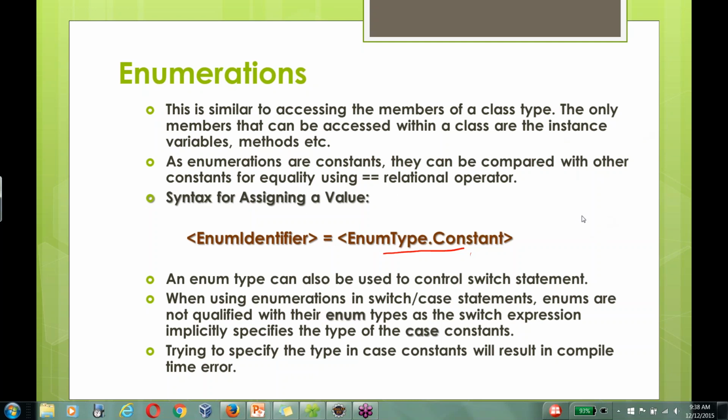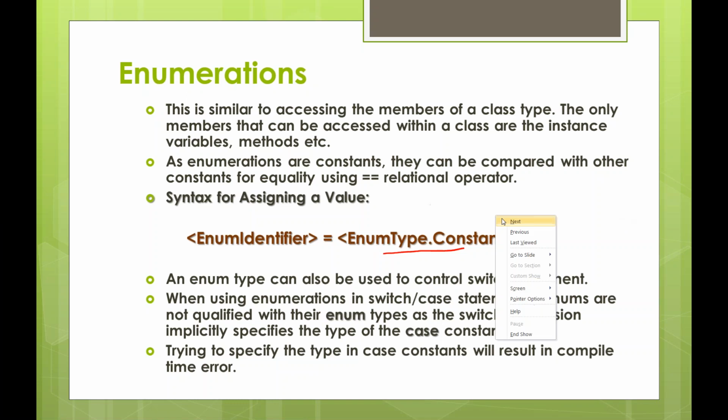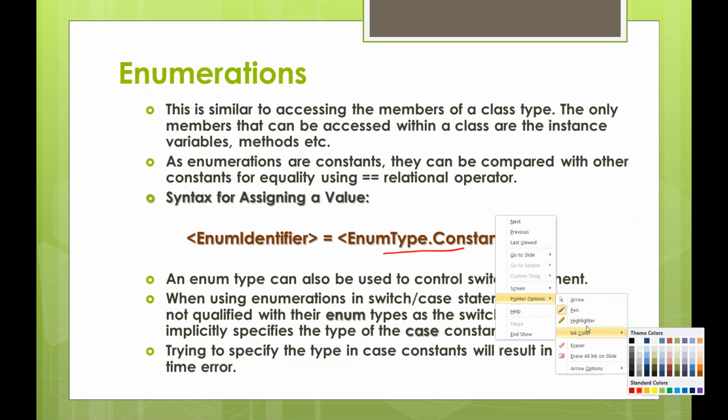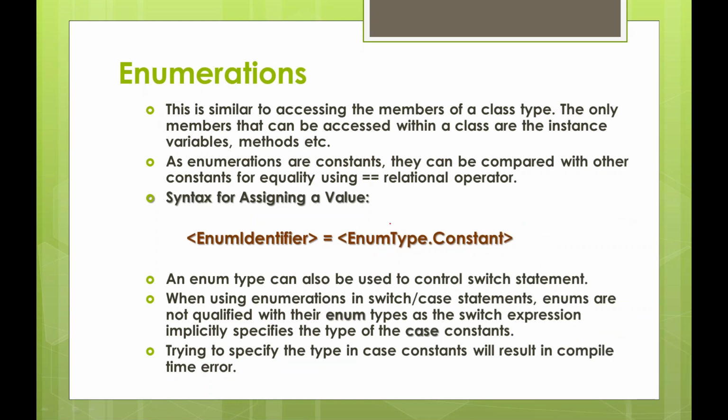But if you use some other editor and try to assign it, when you compile you will come to know that it's not a valid value. So the values that we can assign to an enumeration variable are the values or constants that we have defined within the enumeration type.